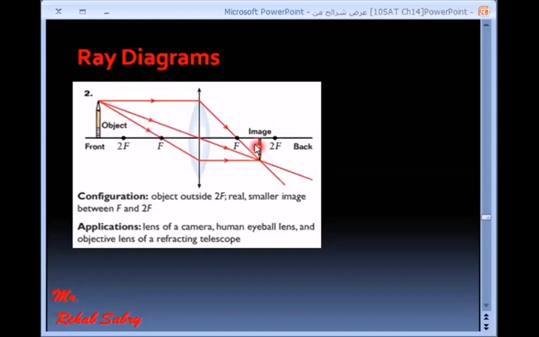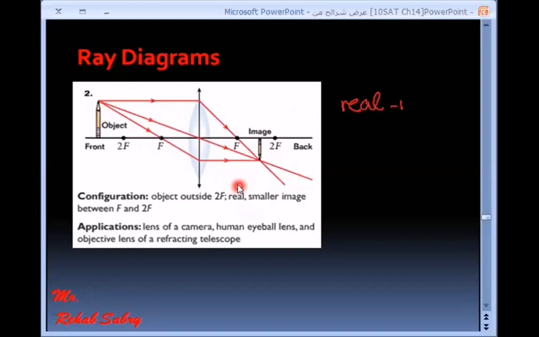Here the image is smaller, or diminished. It's real, inverted, and between F and 2F. These are the characteristics of the image. I think it's easy.